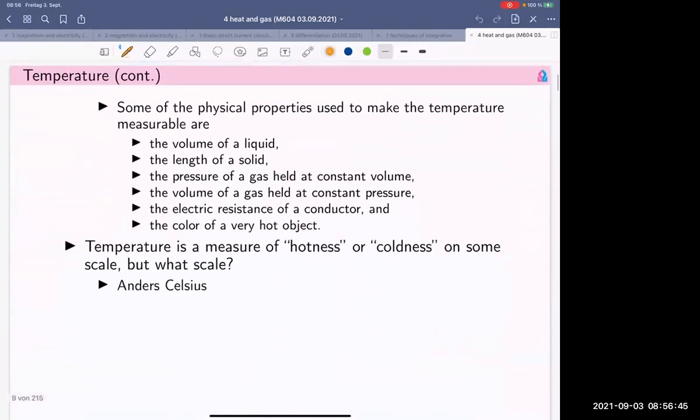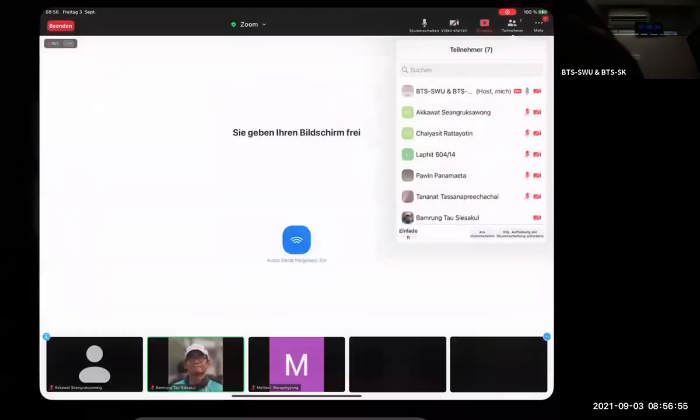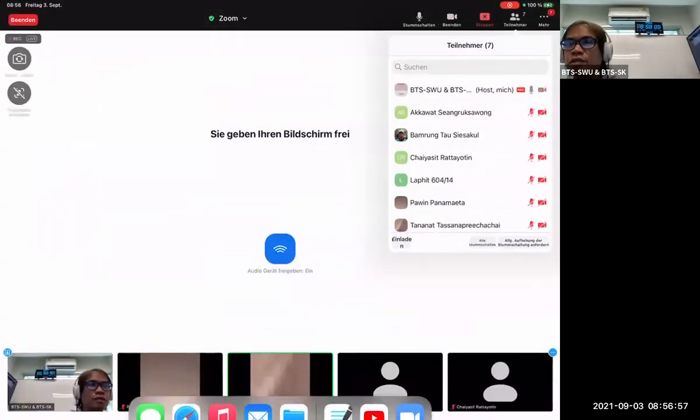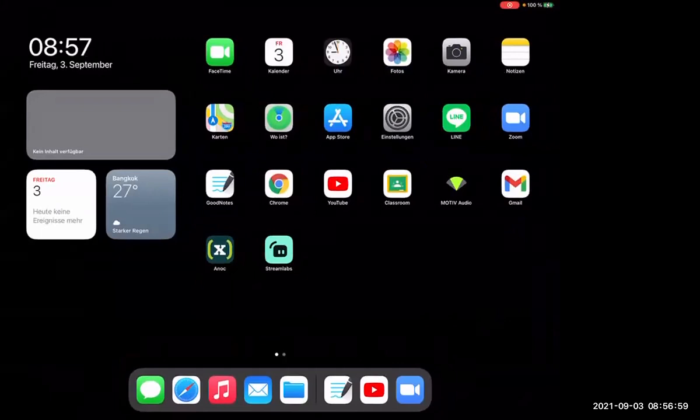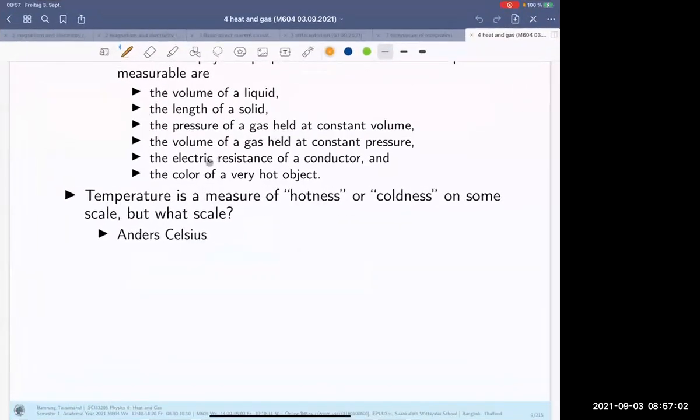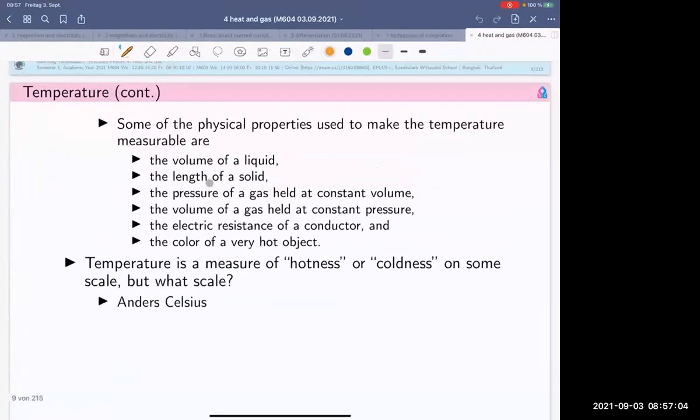Temperature can be measured in several ways. The volume of liquid, that's what you get from the conventional thermometer, right? And the next thing is if you have a metal bar and you put the heat into it, you can observe that this metal gets more length.